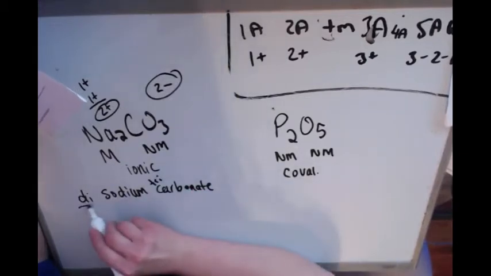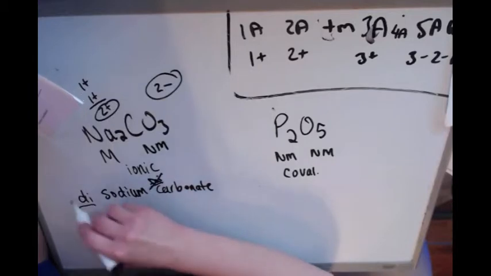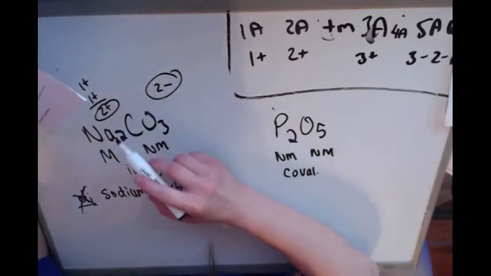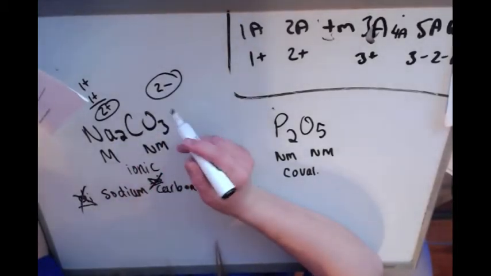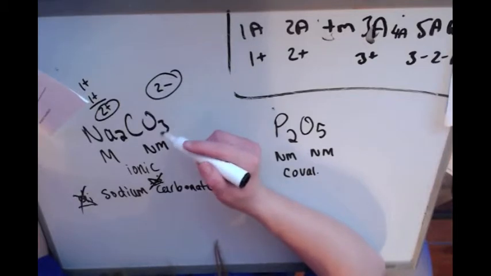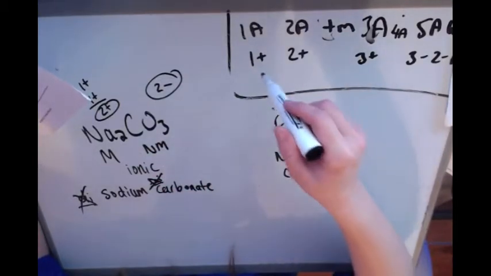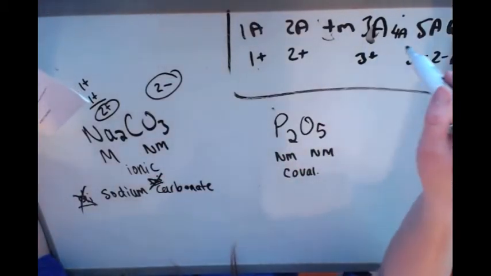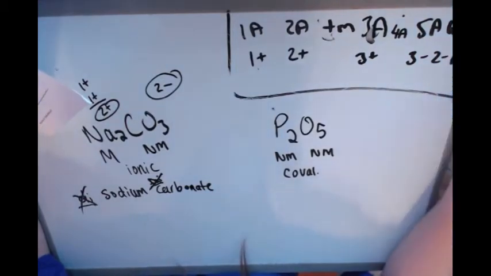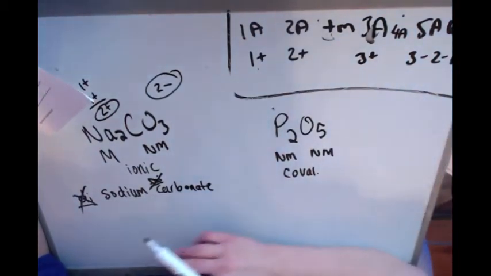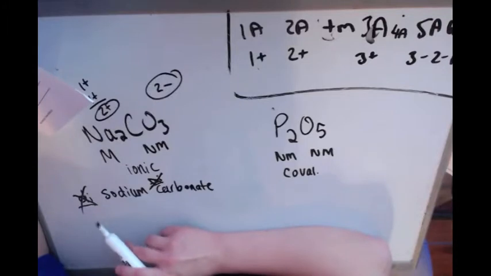You don't have to write the di or tri because we know the charges. We memorize the polyatomic charges and we know the charges of things in 1A, 2A, 3A, 4A, 5A, 6A, and 7A. We know those charges, so we don't have to put the suffix or the prefix.